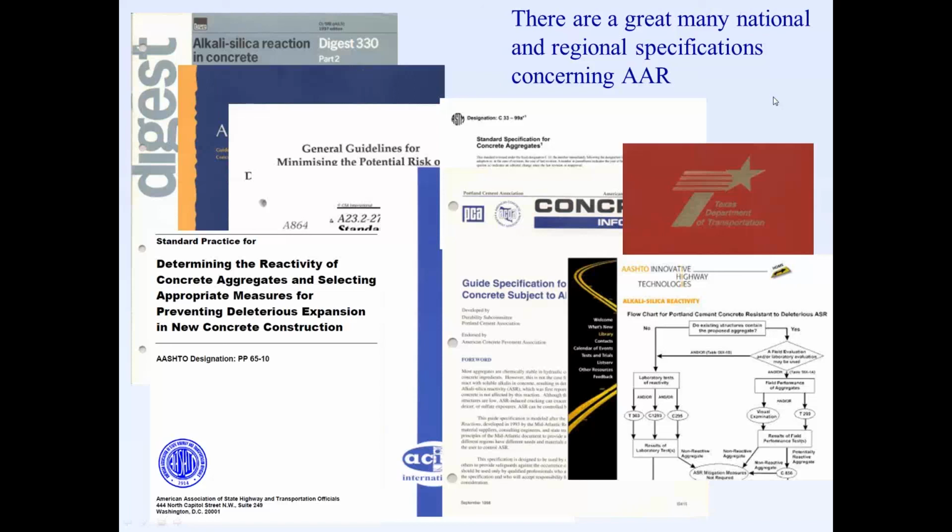If you're interested in looking at different specifications for ASR, as part of the Federal Highway program that's sponsoring these workshops, we've also developed a reference website where you can access many of these specifications if you have an interest in doing that. But there are literally hundreds of these specifications. Basically, though, they fall into one of two categories.